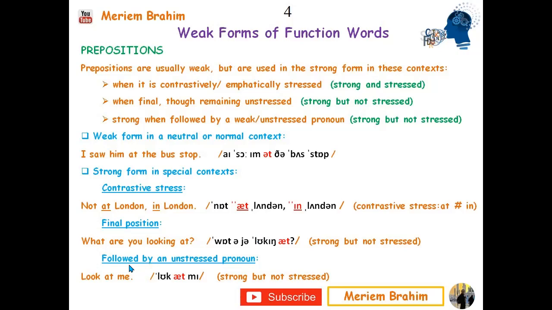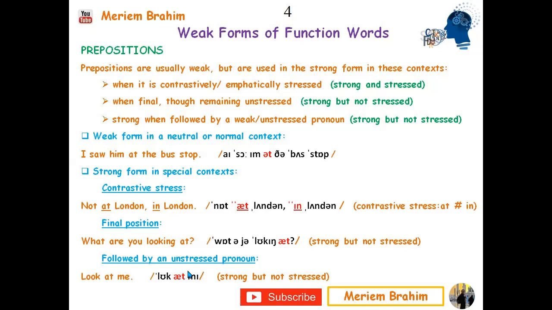If the preposition is followed by an unstressed pronoun, it is strong. For example, look at me, look at me. Here "at" is strong, but not stressed. Why in this context do we pronounce the preposition strong, though it is not final, not a contrastive stress, and not emphatic?